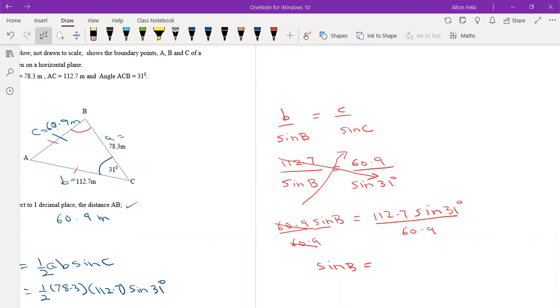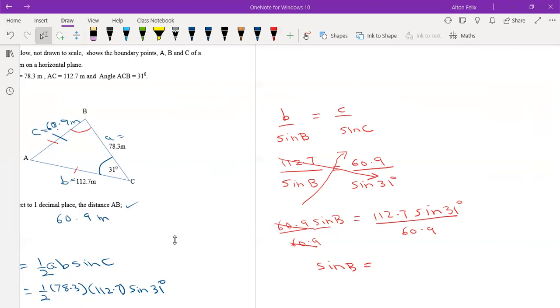Then we multiply that by 112.7, giving us 58 point something, and then we divide this by 60.9. Right, 0.953. So that is sine B, 0.953.